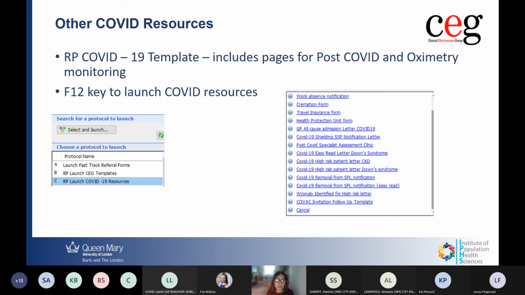You've got your service set up in City and Hackney for patients to attend a post-COVID clinic if they've had post-COVID symptoms for over 12 weeks. There's a referral form, and it's also now a template which will cover all of the fields that are needed for that referral. Then we've got the oximetry monitoring.